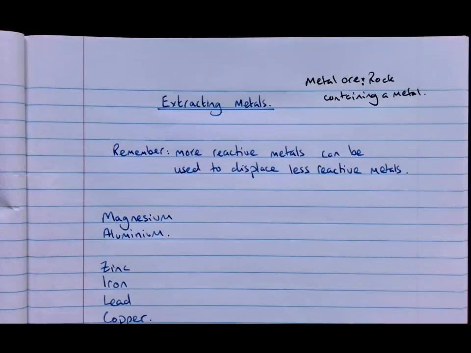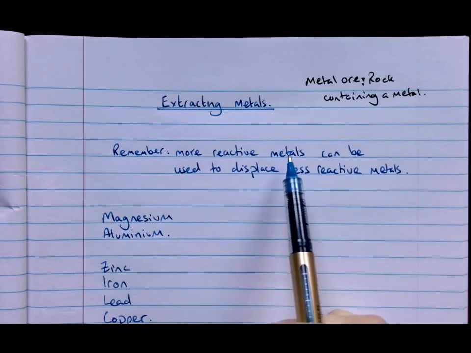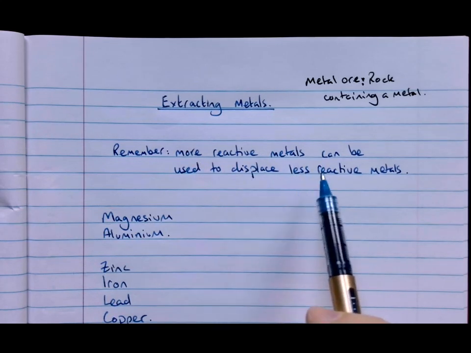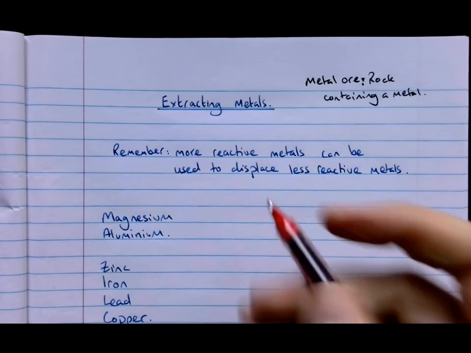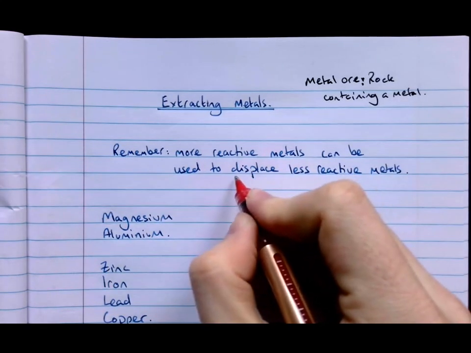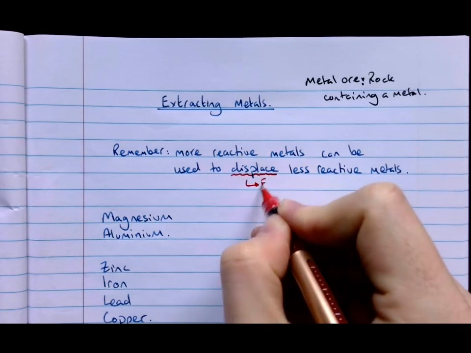So we can do that by using the principle that we learned last time, which was that more reactive metals can be used to displace less reactive metals. Okay, and so when we're talking now about displace, displace has the same meaning now as extract.